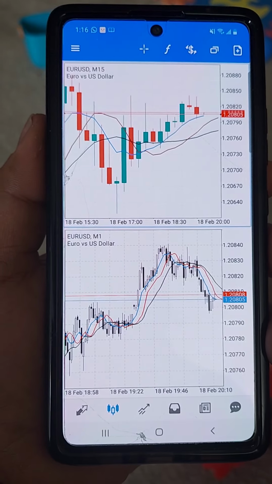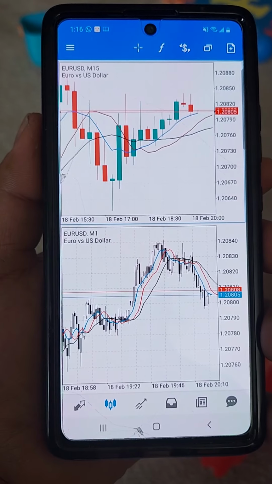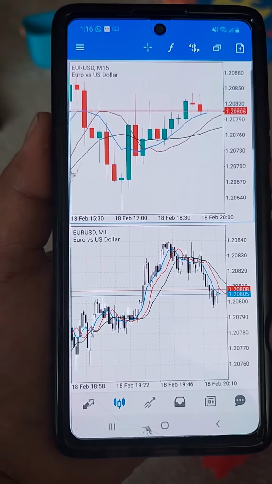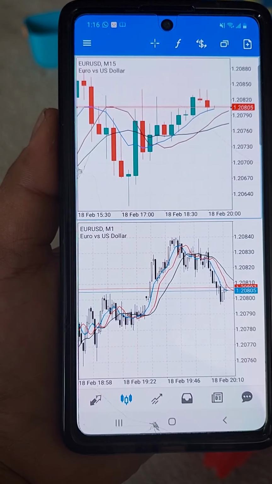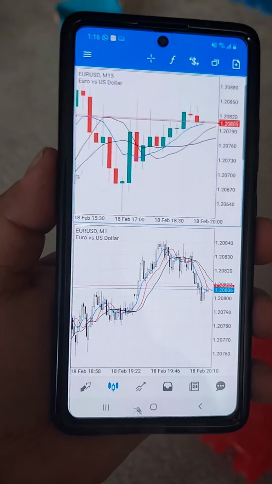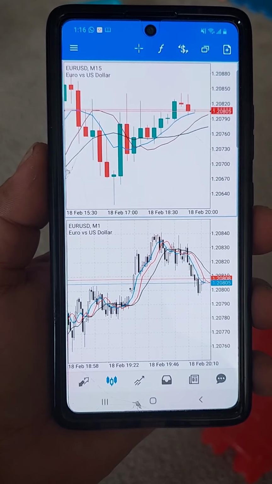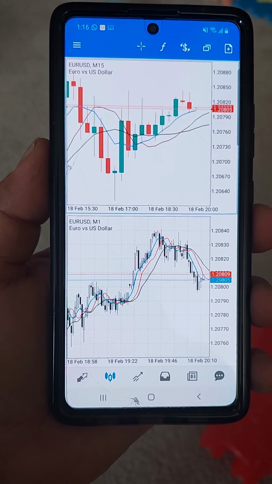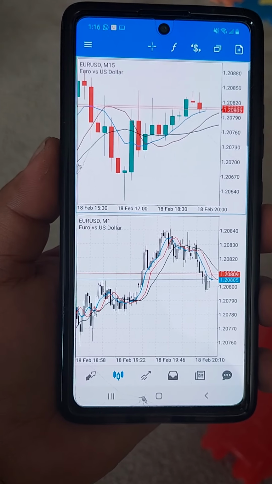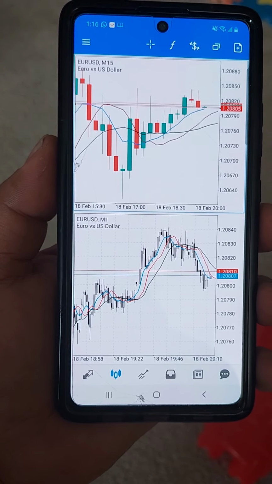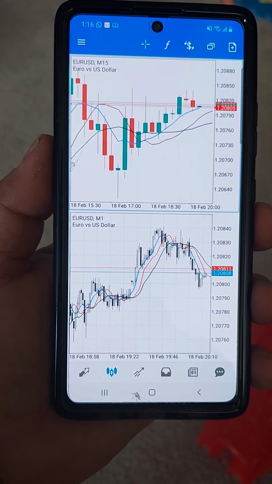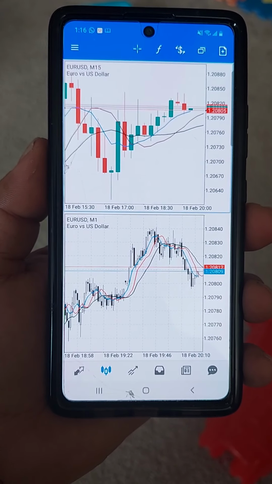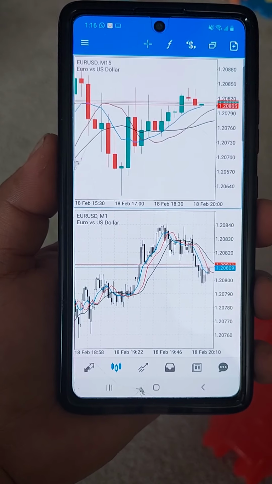So I want to see a strong momentum to one side in the first minutes, and then choose the other side, because the banks love to manipulate the market. So if I don't see a strong momentum in the first 5 minutes, either going bull or going short, I'm not interested.